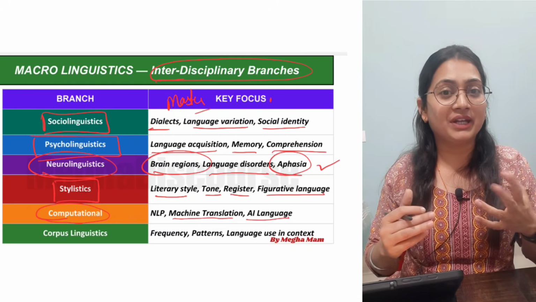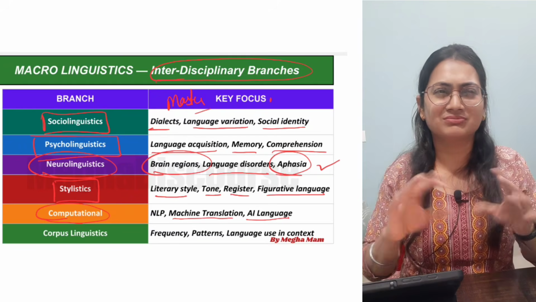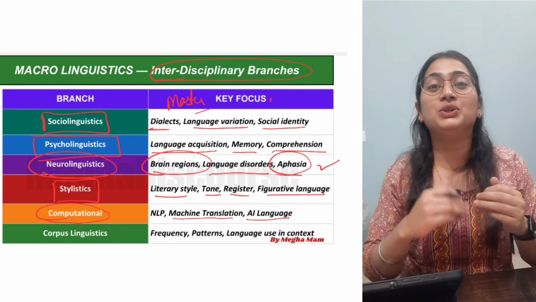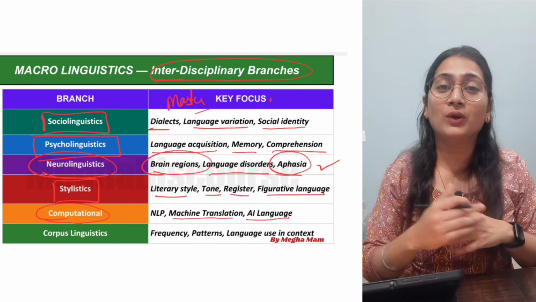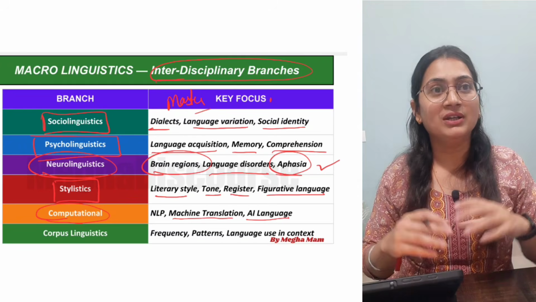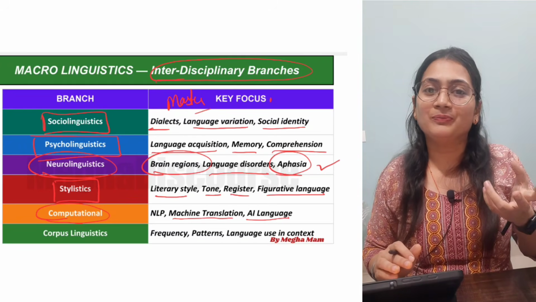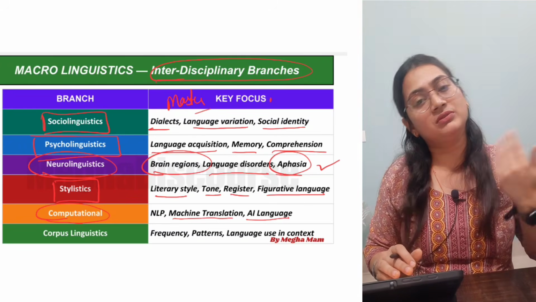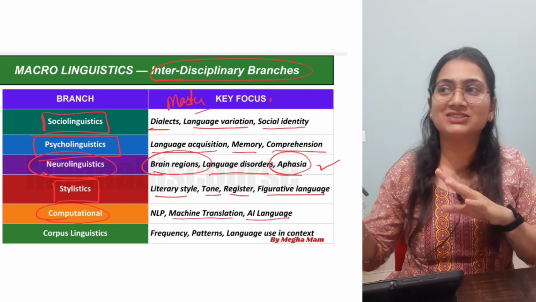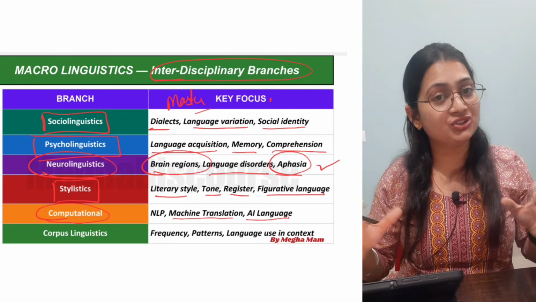We use ChatGPT so that it can translate our wrong Hindi into right Hindi, wrong English into right English, or like Google Translate, where I want to translate a word into Chinese. This is called computational linguistics.